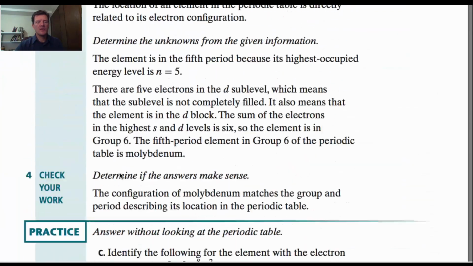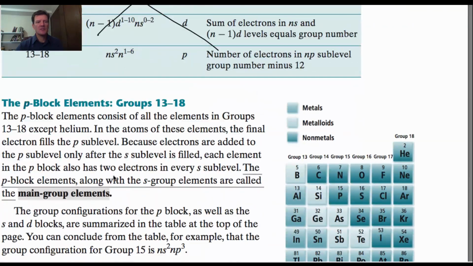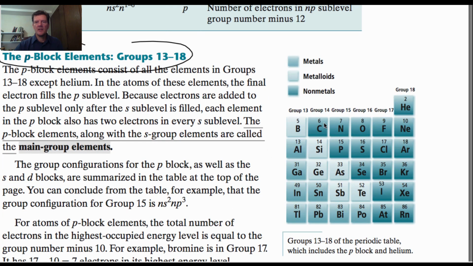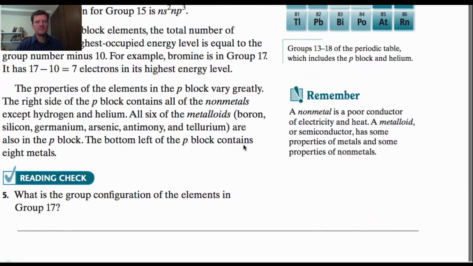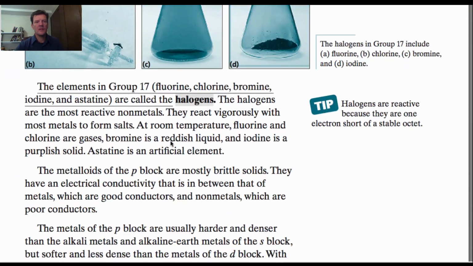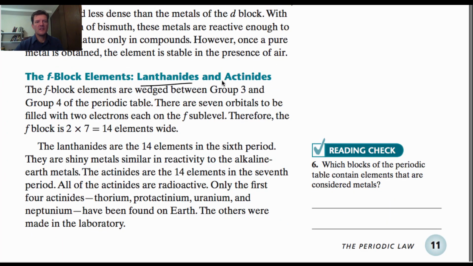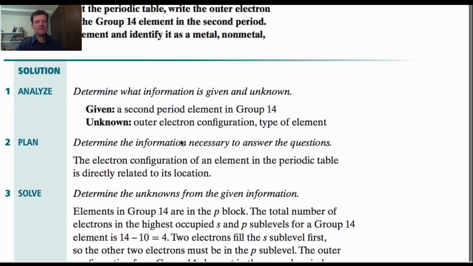We already talked about the P block, where the P block is located. P block elements are in this group here, group 13 to 18. We mentioned the halogens already. We mentioned the lanthanides and actinides.